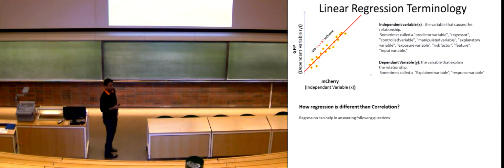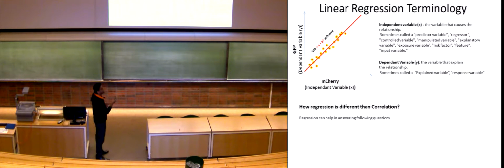So how is correlation different from regression? One thing is very important: even though this plot looks like what we used during correlation, there is one important point that differs, which is the independent variable and the dependent variable. The y-axis will always have the dependent variable, and the x-axis will always have the independent variable.